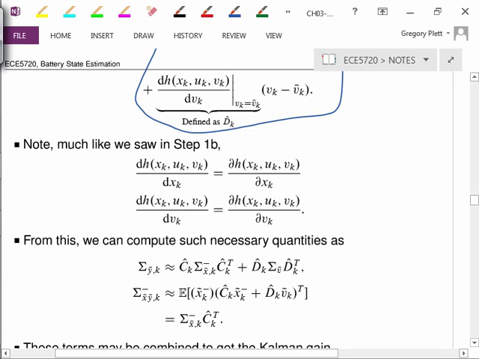And we could basically FOIL everything out inside of expectations to find the expected value of y tilde y tilde transpose, or sigma y tilde would give us this, and sigma x tilde y tilde gives us, after a few lines of math, that right there.